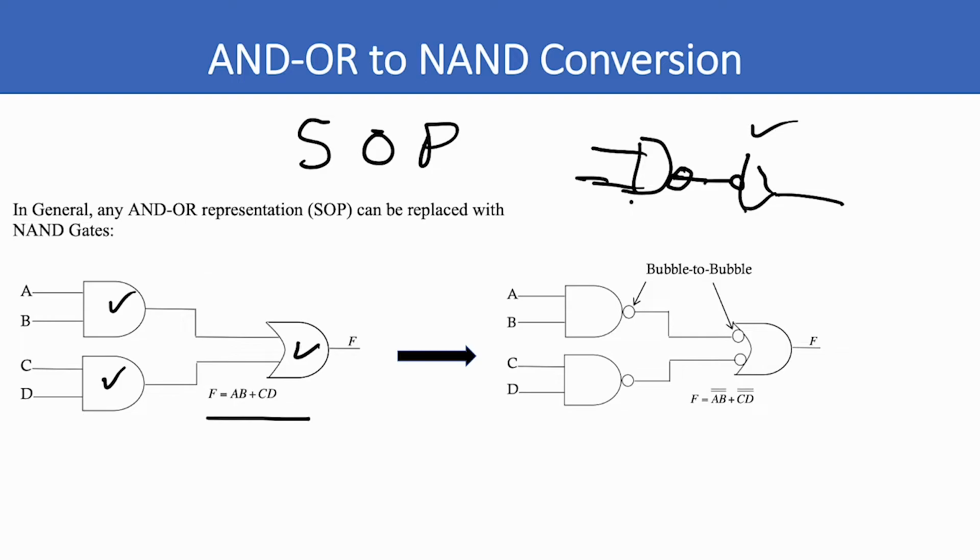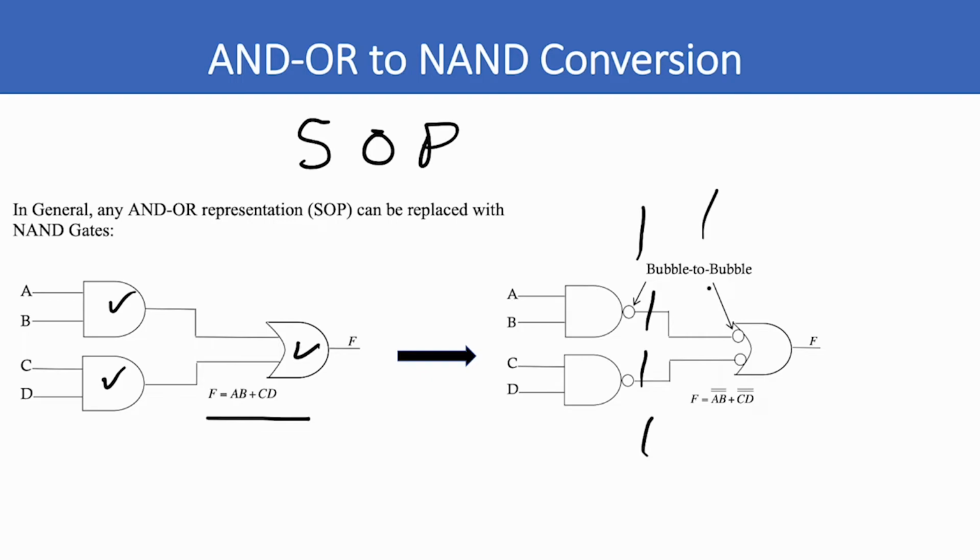So how do we convert an SOP form that we create right out of our truth table, our Boolean expression, and we're assuming this is a minimized Boolean expression? How do we create the NAND gate implementations? Well, all we do is add bubbles on the output on the first stage and bubbles on the input on the second stage.